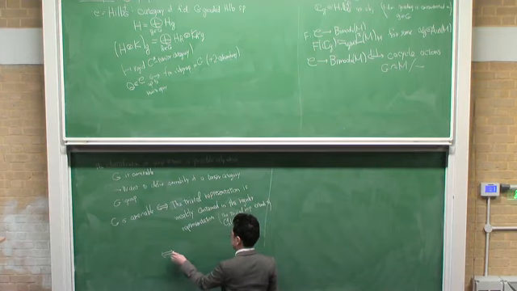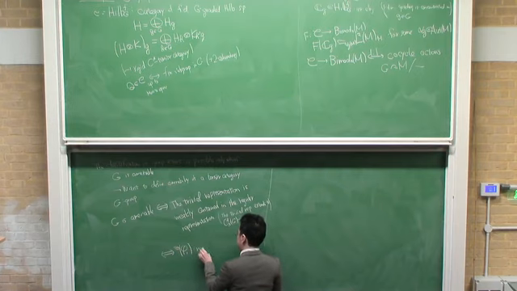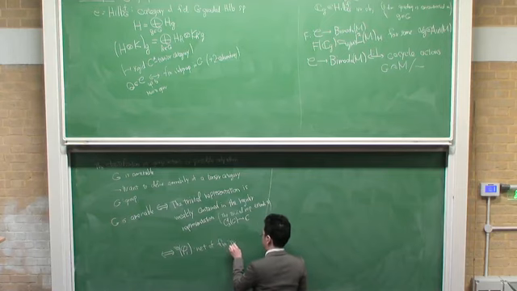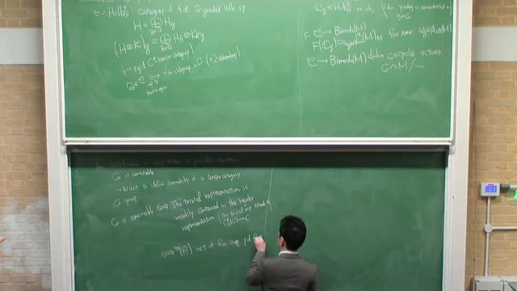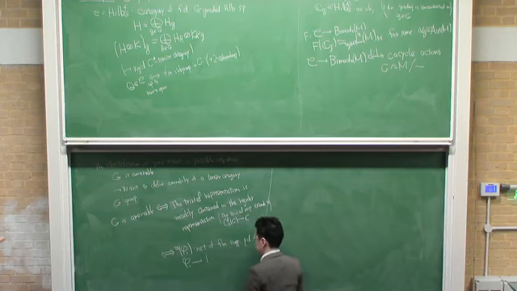So this is the same as saying we have a net of finitely supported positive definite functions, which converges to the constant function 1 in the pointwise topology.